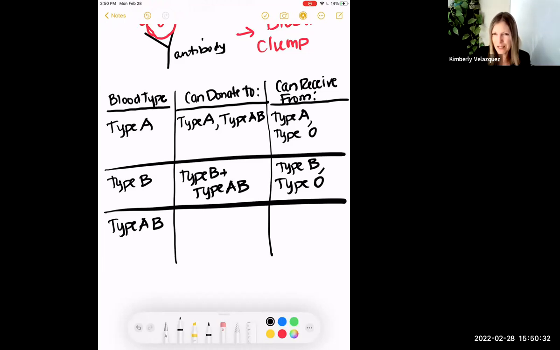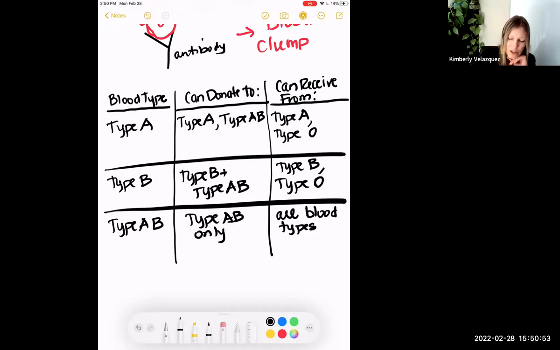The B part makes A mad, the A part makes B mad. They both make O mad. So the only person you can donate to if you're type AB is to type AB. That's it. But you're lucky because you can receive all blood types because you recognize them all as being self. You're called the universal recipient. You can get anyone's blood.